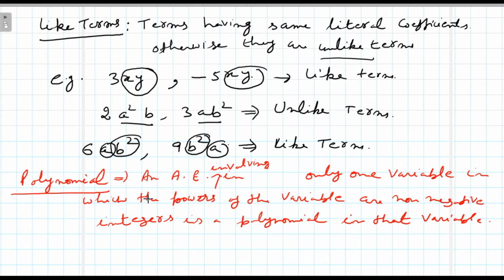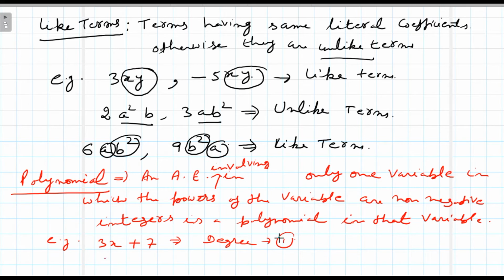right? Its highest power would be its degree, right? For example, if I write 3x plus 7, you have to see is it a polynomial? Yes, one variable and powers are non-negative, its highest power is 1, so the degree would be 1, right?